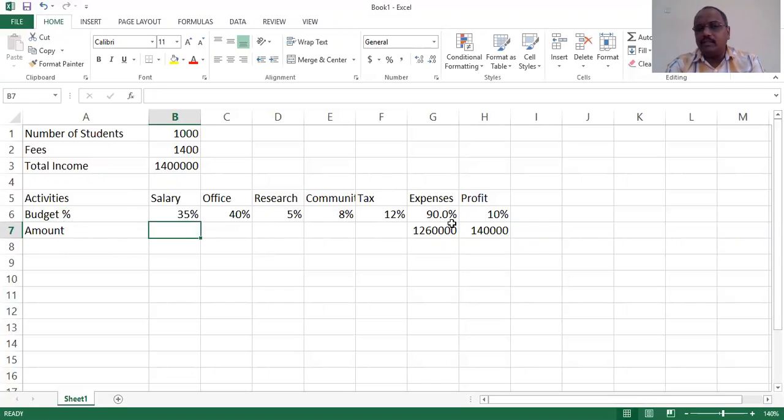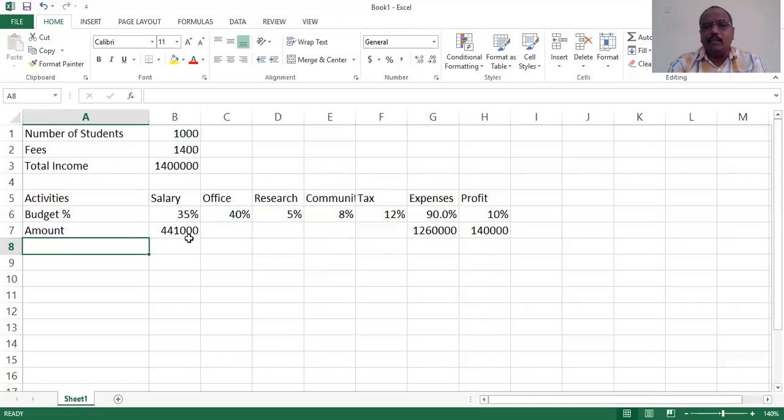What they have given, this 35%, is out of 1,260,000 riyals. That means I am going to make it equal to 35% multiplied by the corresponding expense in 90%. So the salary will be 441,000.